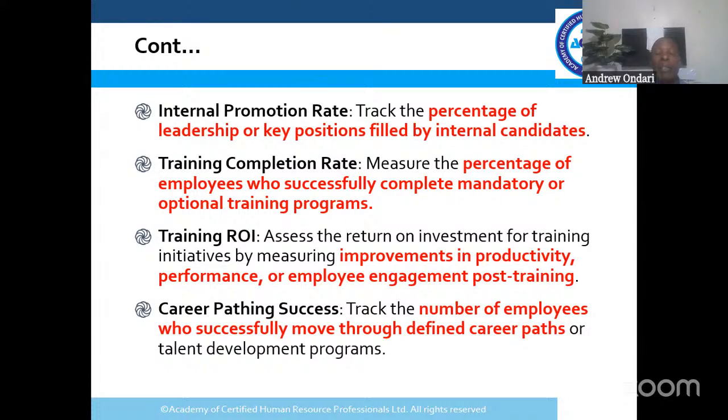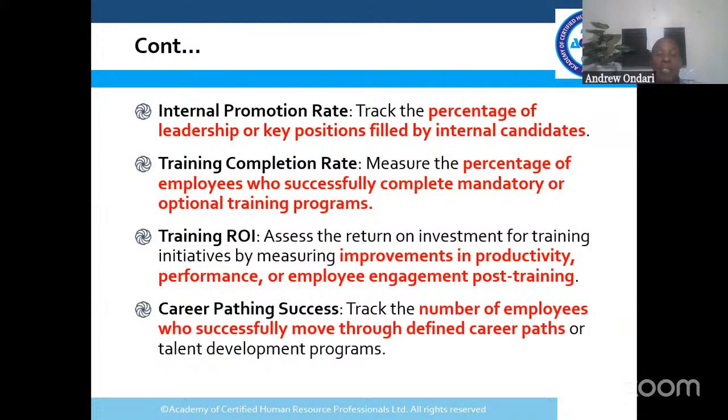If this is a career path, it is part of talent development, that you don't just train people, you also ensure that they grow in their careers. If the success rate is very high, then we should congratulate ourselves that we are doing a good job in talent development.